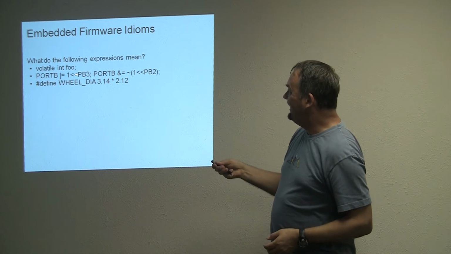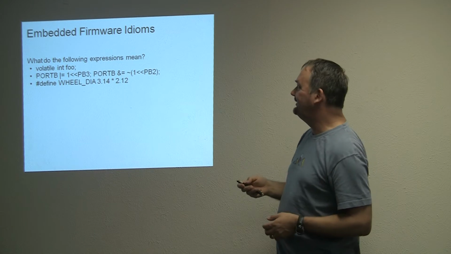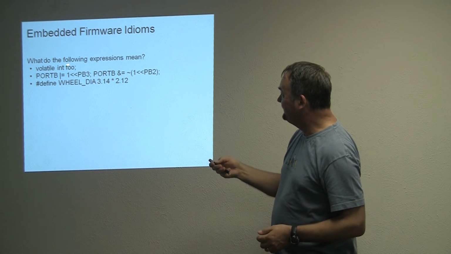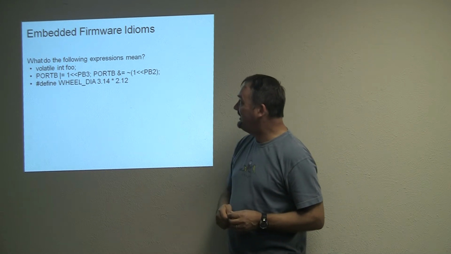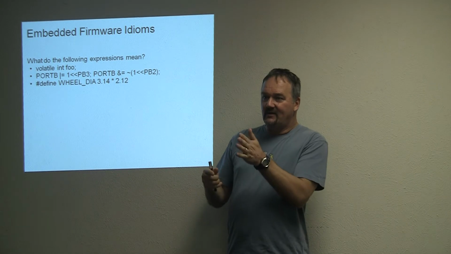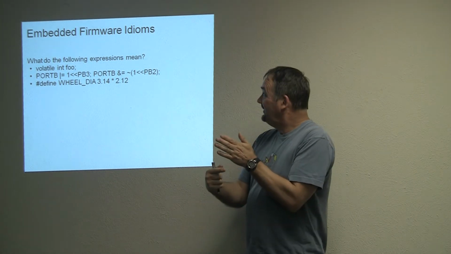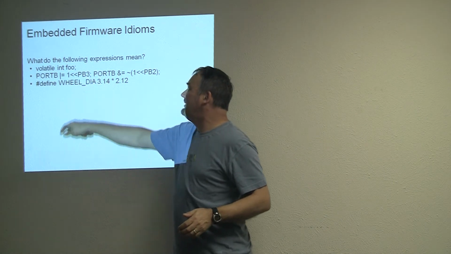So it's just ORing in the right side of the equation. The right side is 1 << PB3, which means move one left the number of positions indicated by PB3.